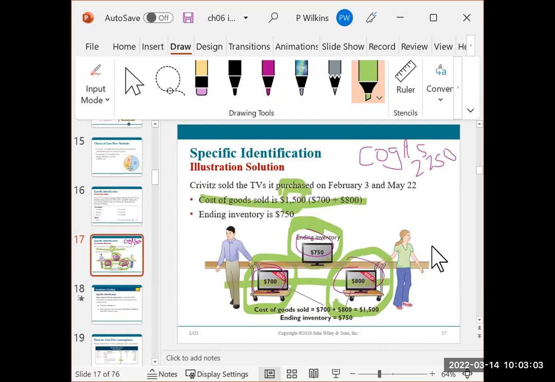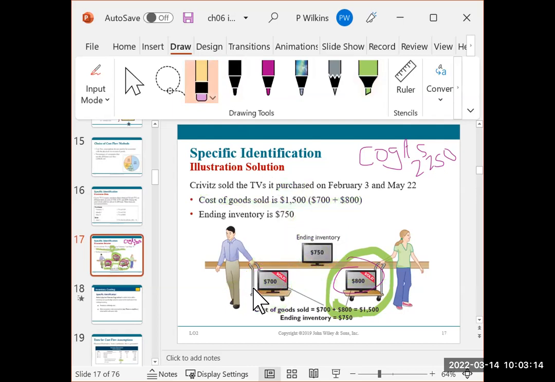The ending inventory, there are 2 ways to get the ending inventory. You can look right here on the screen and say, oh, okay, the ending inventory is 750, because 750 is the amount that they're showing there, right? But there's another way to get the ending inventory cost, and that is you take the cost of goods available for sale, that's what you started with, minus what you sold, 1,500.